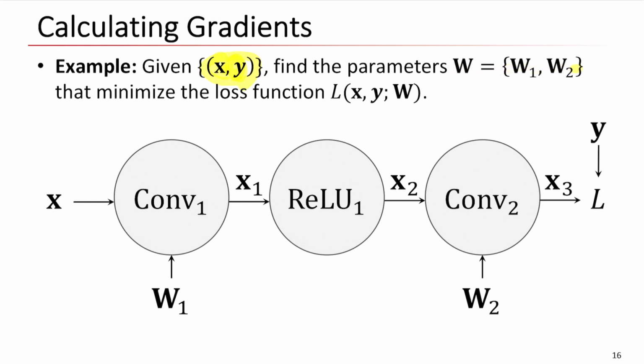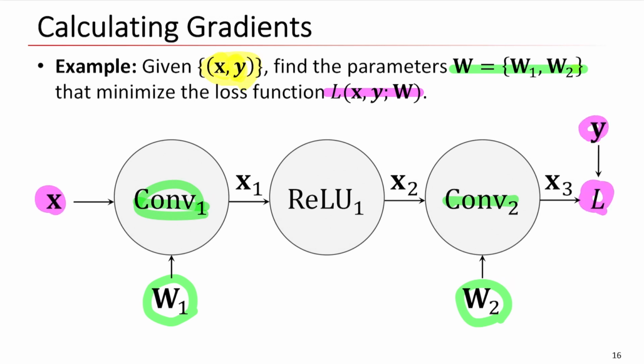In this case, the parameter w consists of parameter 1 and parameter 2. The w1 is for the first convolution layer, and the w2 is for the second convolution layer, right? We want to find the w that minimizes the loss function L(x, y) given w here.